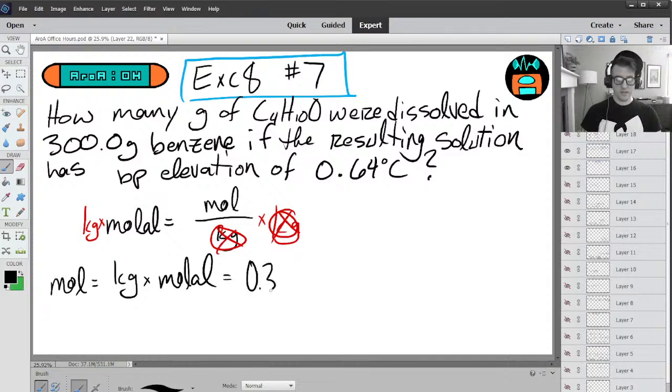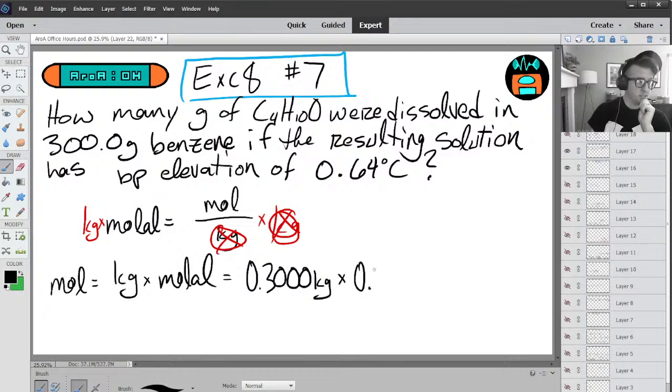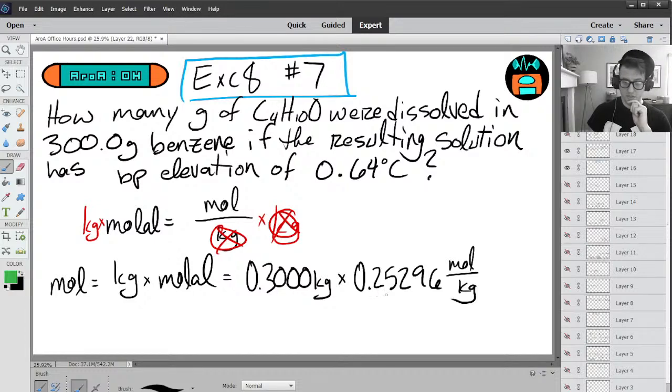So 0.3000 kilograms times our molality, which is 0.25296. This is moles per kilogram. Again, we only have 2 sig figs here, and you'll notice that kilograms cancel, which is good because we're just after moles.